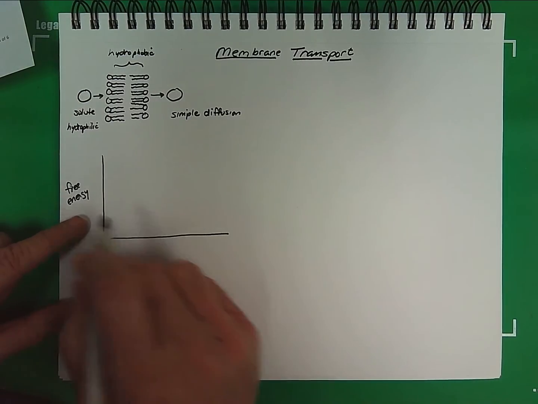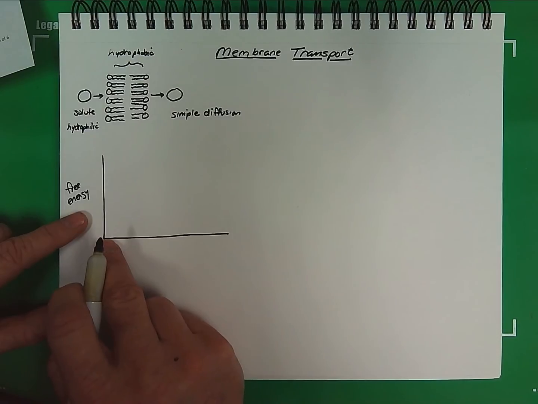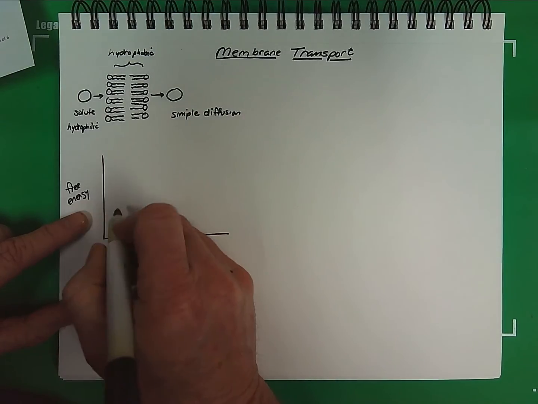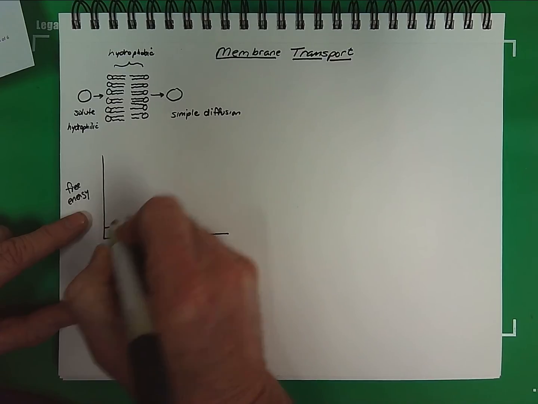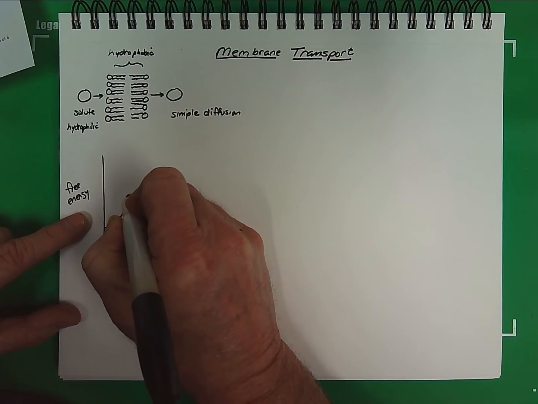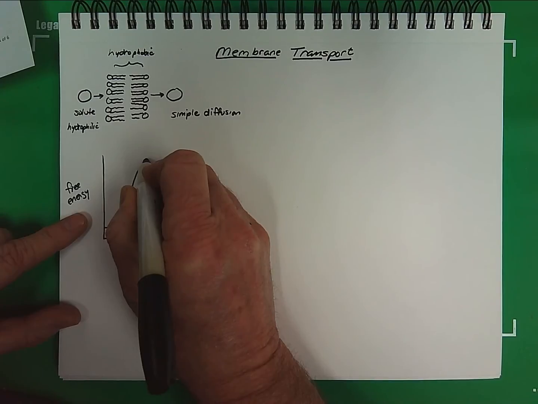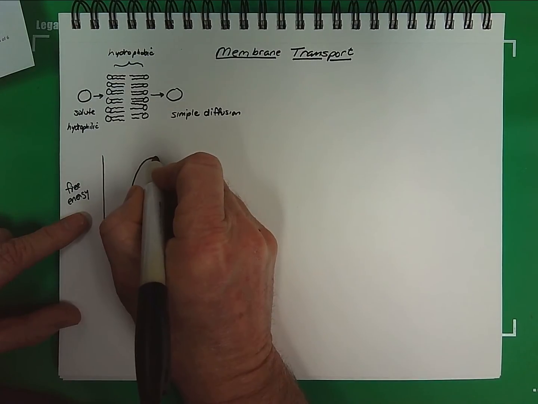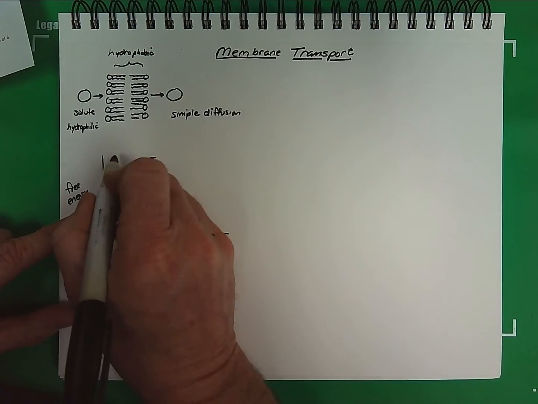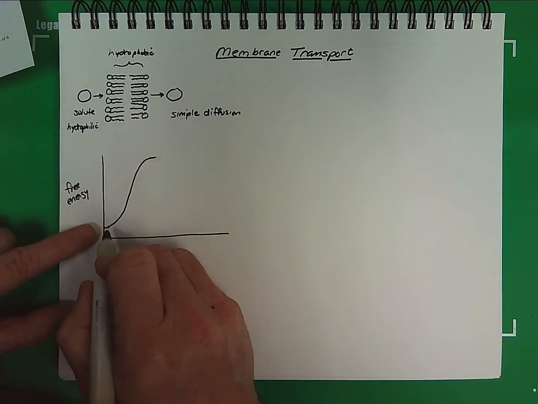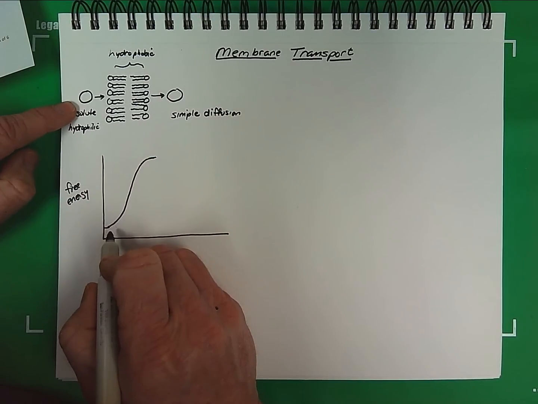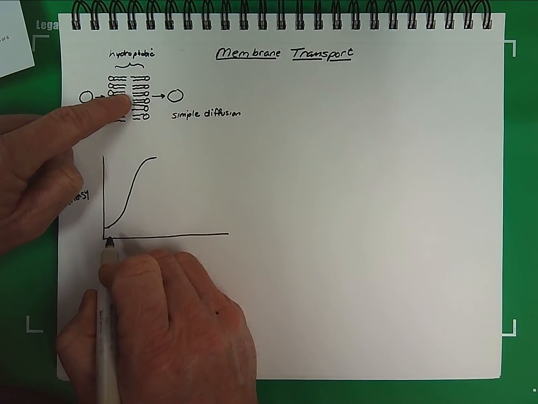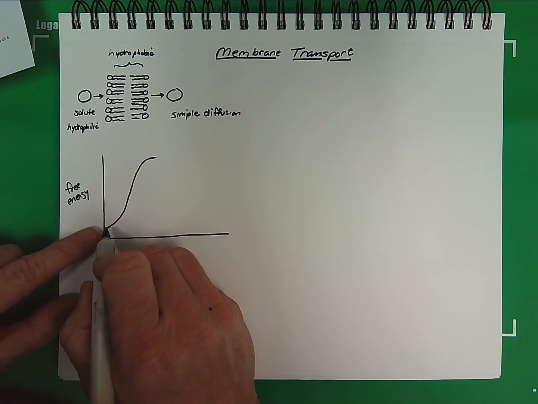So if we look at this free energy on a reaction scale, what we would find is that we have a very large free energy barrier. This initial rise in the free energy barrier is the entrance of the solute, which is hydrophilic, into a non-compatible chemical environment, a hydrophobic environment.